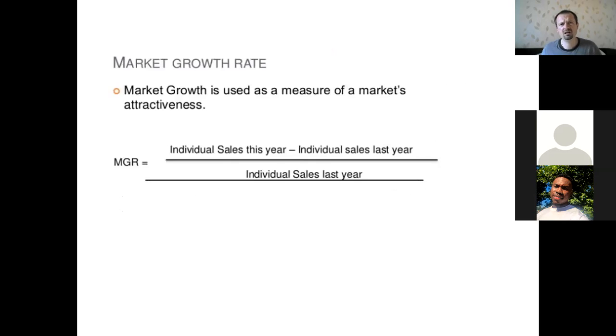And it's also quite easy to understand this formula, how to calculate it. We have to compare the current volume of the market, the current size of the market, with the previous one, and by multiplication by 100%, we can calculate the market growth rate in percent.